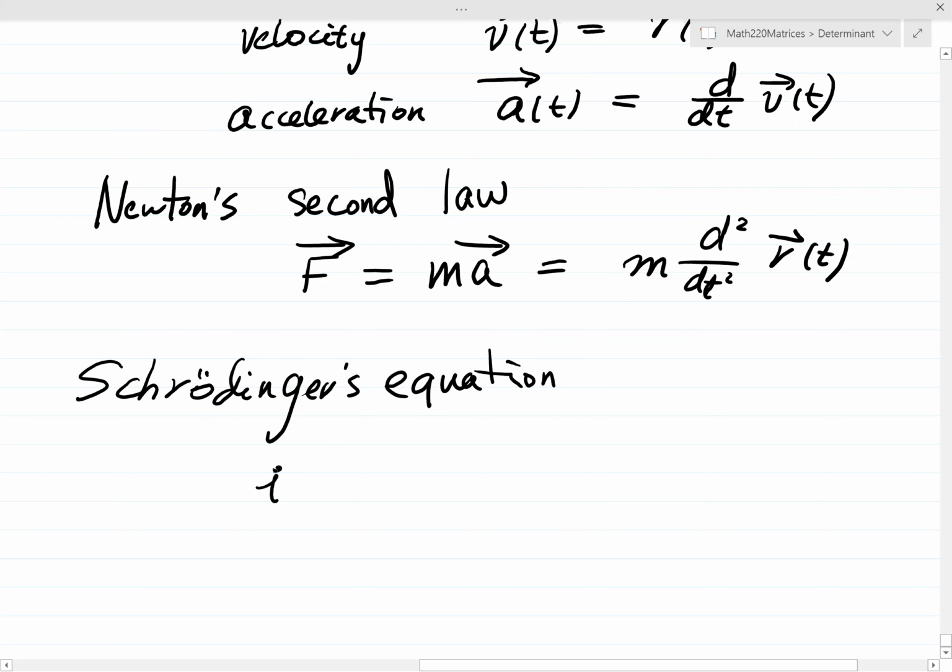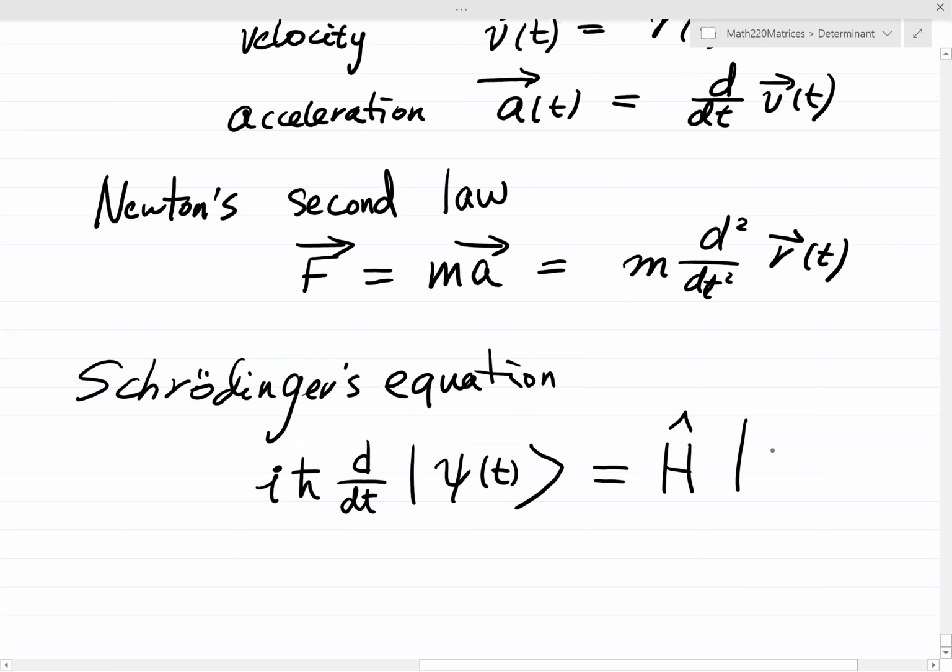In the Schrodinger equation, i is the imaginary number, h bar is a constant, the Planck constant, and this is the vector as we explained earlier. This H is a matrix that describes the energy of the system. So you actually have a matrix differential equation in matrix form.